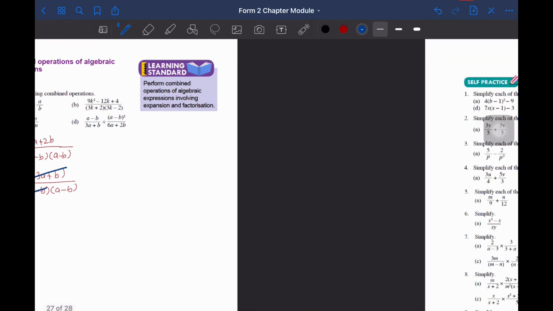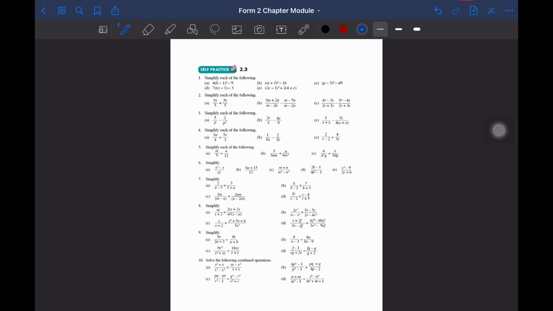Okay, so the last assignment for this chapter is self-practice 2.3. Okay, so apa yang saya nak buat?